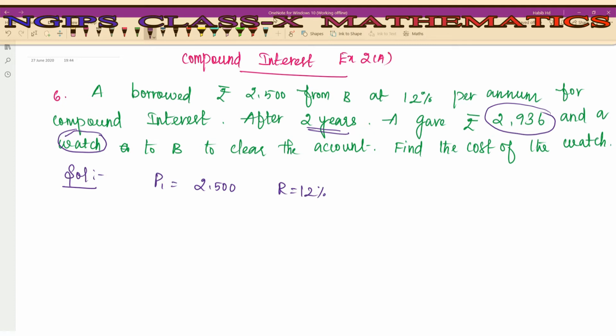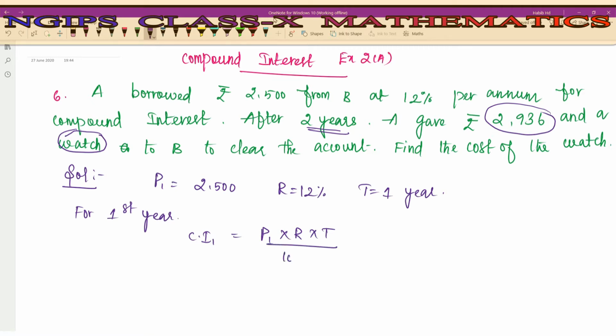So the principal is 2500, rate is 12%, and the time I will take for 1 year. We are going to calculate for 1 year. For first year, compound interest is equal to principal into rate into time divided by 100.